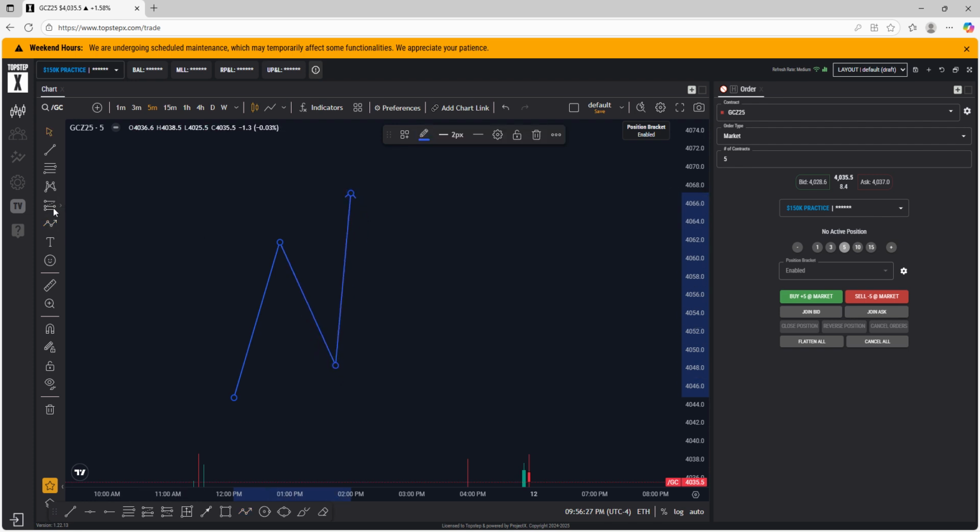Whichever candle closes above this, let me draw this out. If I was to see this, that's a great sign for continuation.